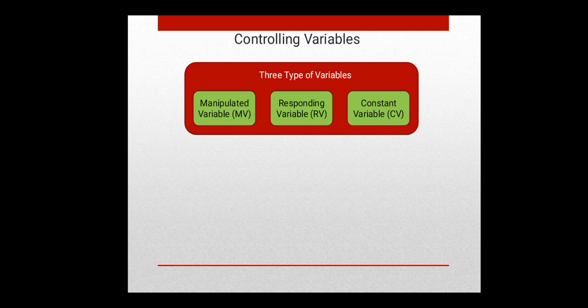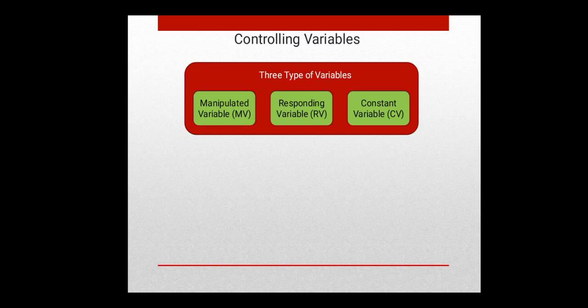So the manipulated variable is the water. Why? Because the water is what we change, we don't give water to the plant.